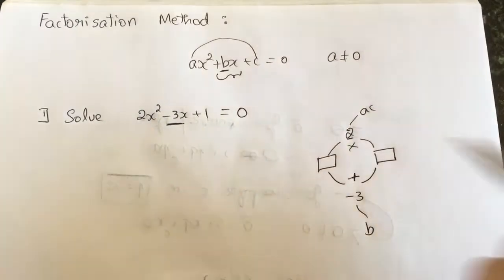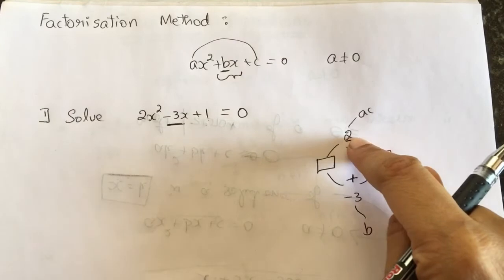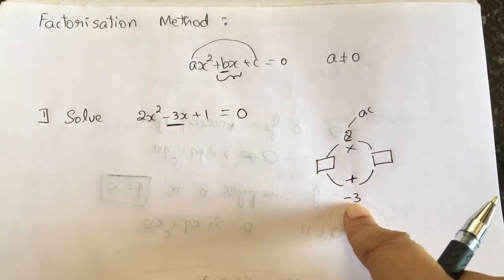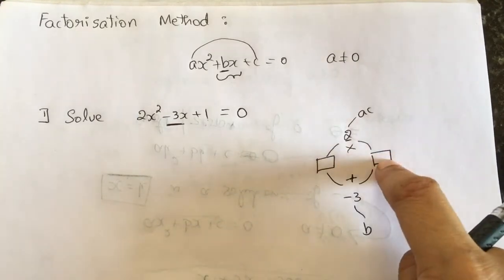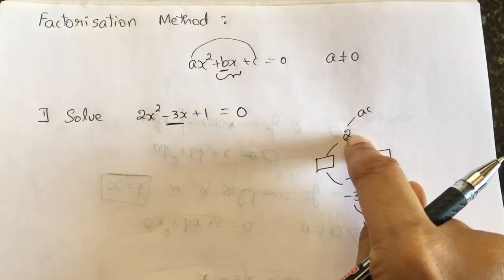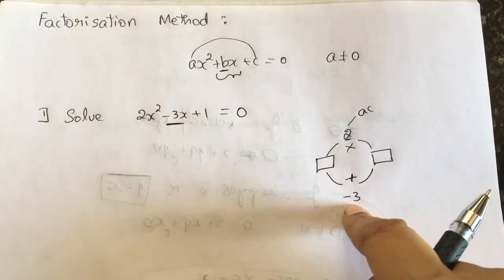Right. Product 2, 2 into 1 is 2, no problem. But the sum is 3, and I want minus 3. So if I take minus 2 into minus 1, minus into minus becomes plus, so it is giving me 2, and minus 2 plus minus 1 gives me minus 3.